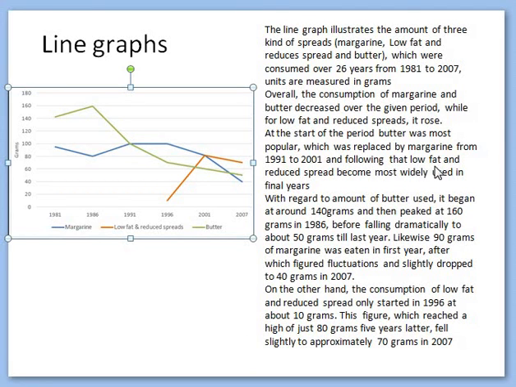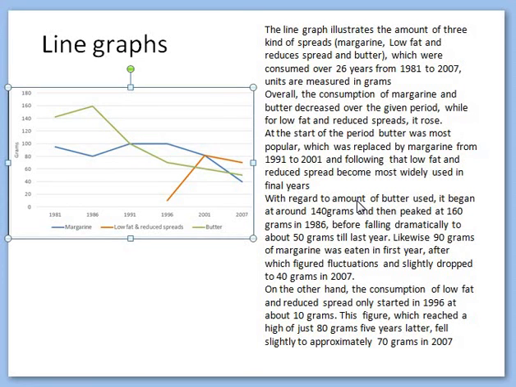And following that, low fat and reduced spread became most widely used in the final years. Now check over here: the low fat and reduced spread are now more popular than everyone else.